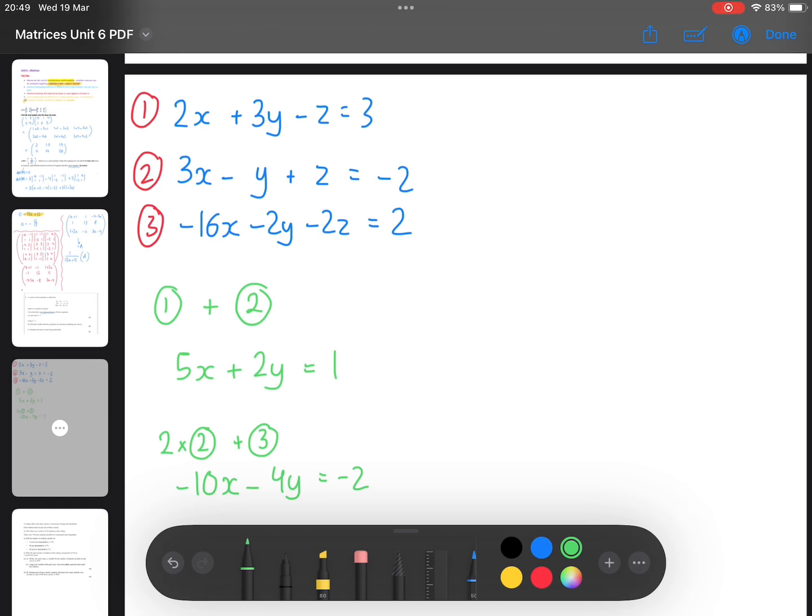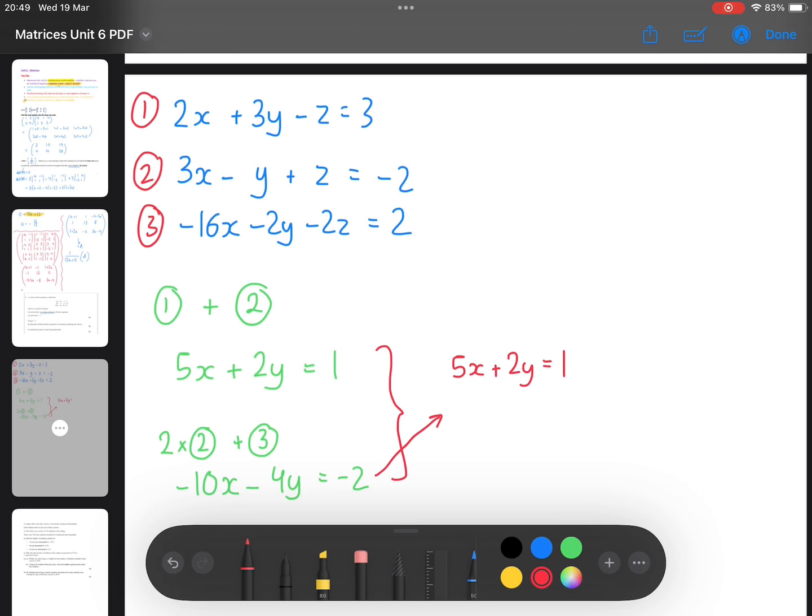And the thing about both of these equations, when we've combined them, we want to find out whether they're consistent or not. The first one is basically half of the second one, because if we rewrite the second one, we get 5x plus 2y equals 1, just by dividing through by negative 2.